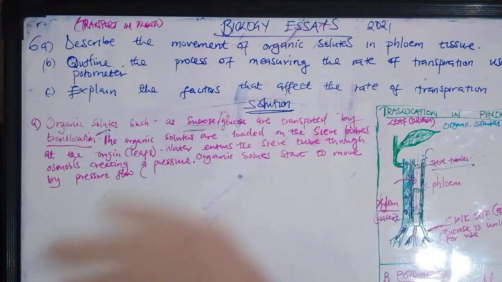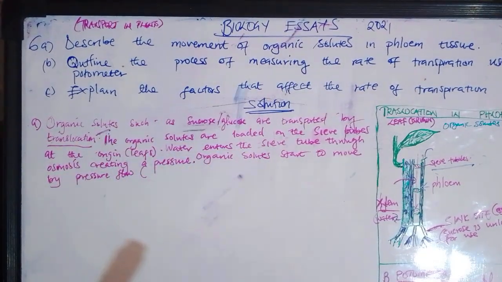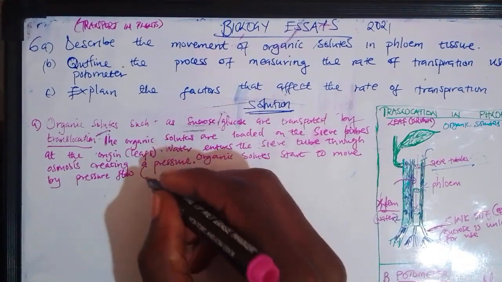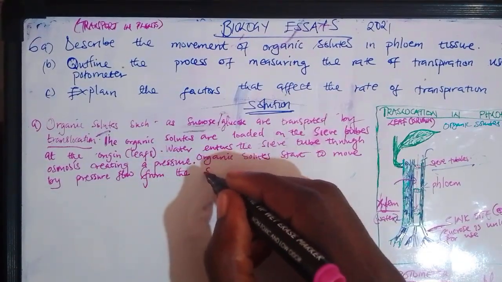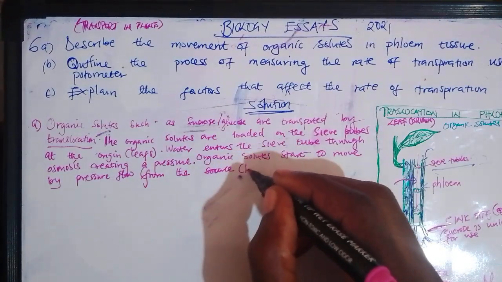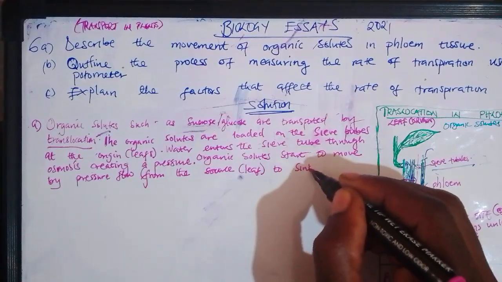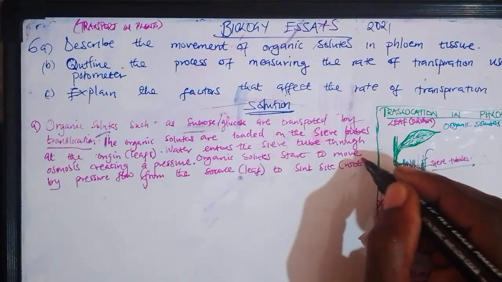So that is the meaning of pressure flow. By pressure flow, it is moving from the source, which can be leaves, to the sink site, which can be roots.